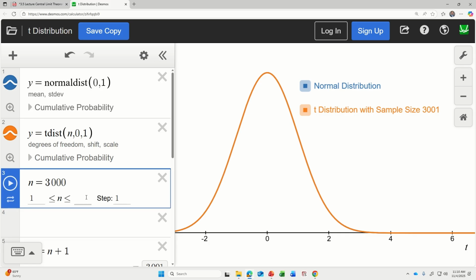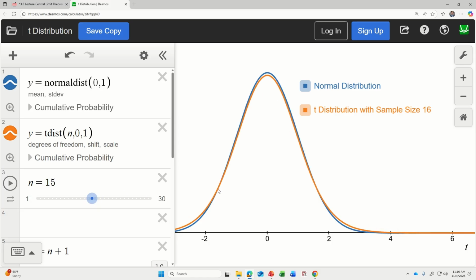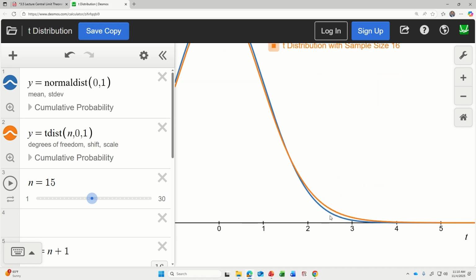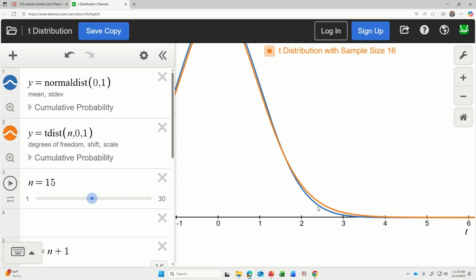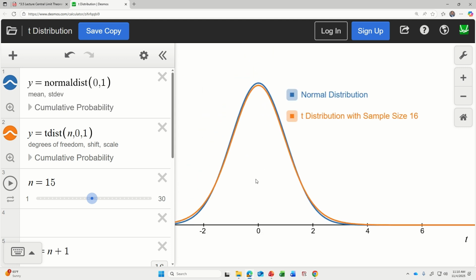And of course, whenever I have a small sample size, like 15, that introduces more uncertainty because with a sample size of 15, I can't really get a good approximation of my population standard deviation. And so lower sample sizes are going to have more deviation with that t-distribution.